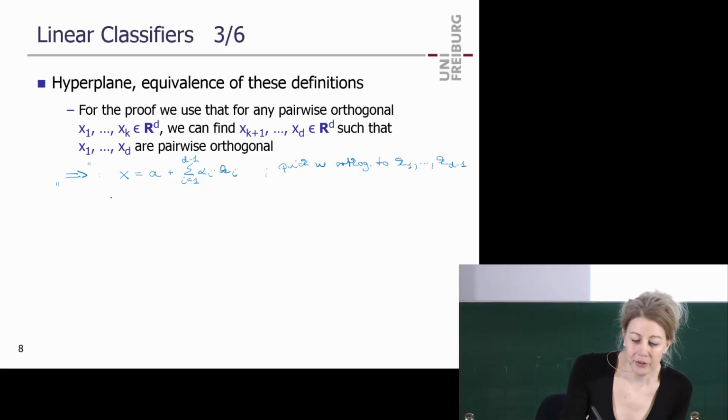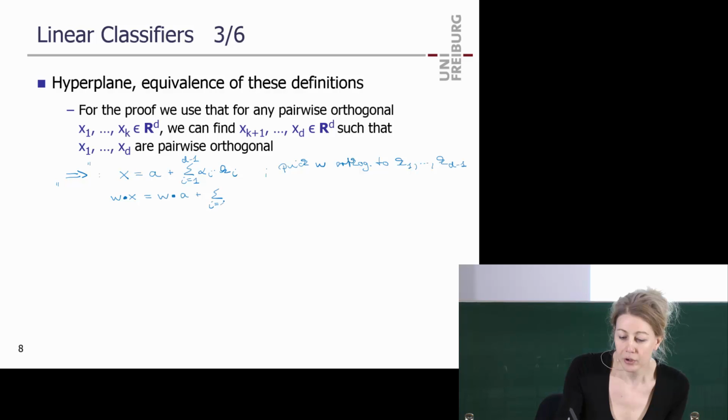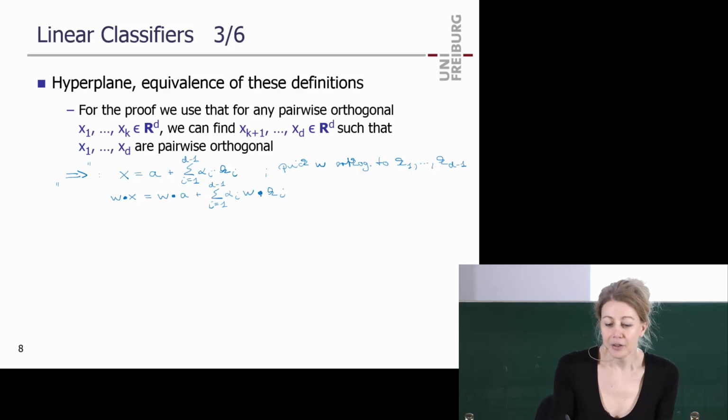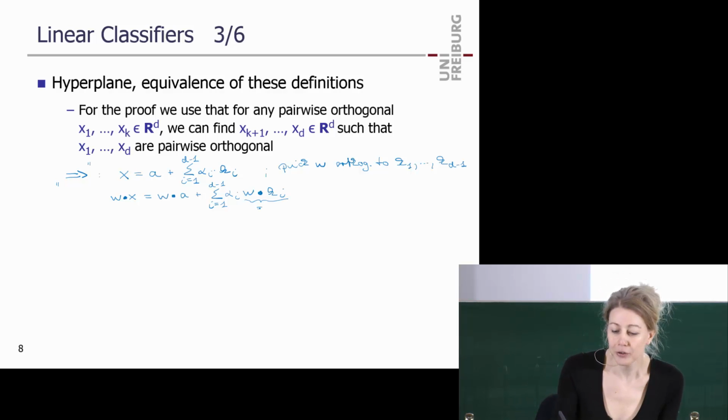Now let's look at what happens when I take w times x, which is always the dot product between vectors. Then I get w times a plus, and of course the same laws of distributivity and everything also apply here. Linear algebra is really nice, because if you can prove something, it always works out so nicely. One thing you should really understand about linear algebra: if a vector is orthogonal, then the dot product is 0.